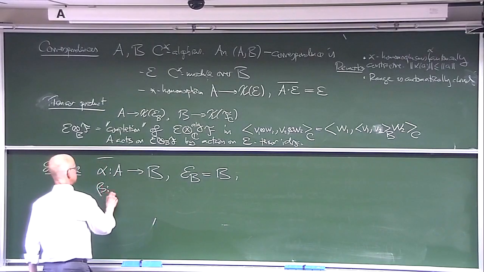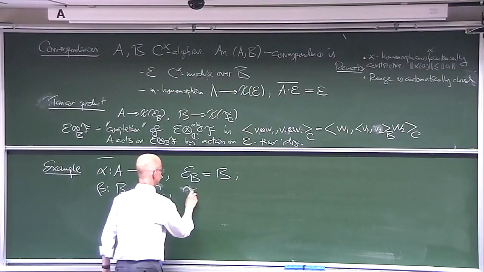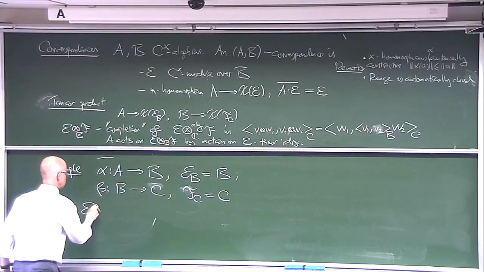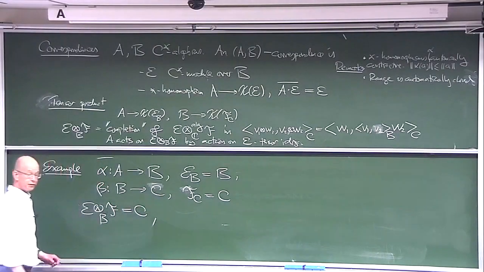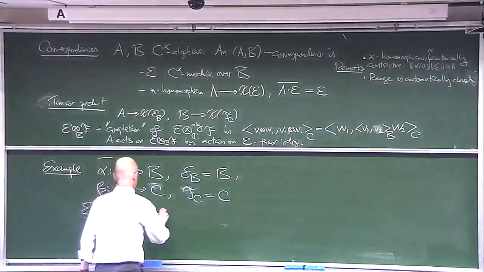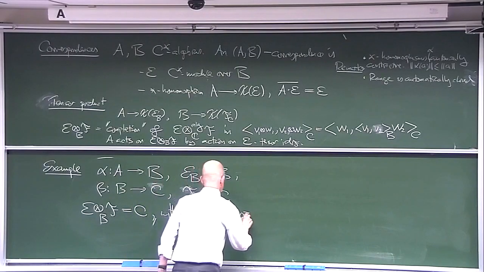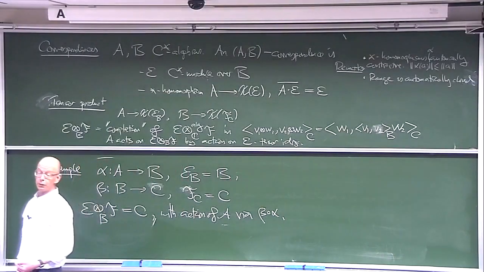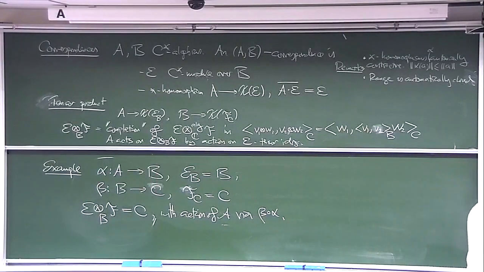So does this. And now I can take their tensor product, as we were just discussing. What you get is C, and the action of A is via the obvious composition. So inside the world of correspondences, there are ordinary star homomorphisms, and this tensor product of correspondences corresponds to composition of homomorphisms.